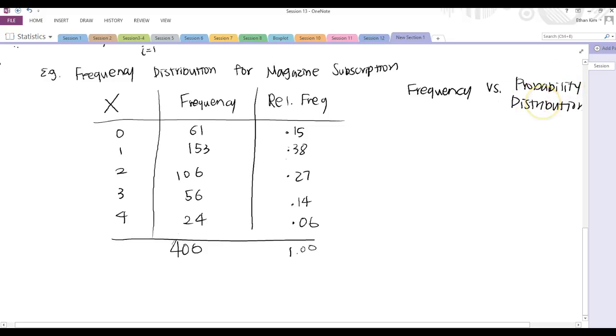However, there is a difference between these two that's worth noticing.